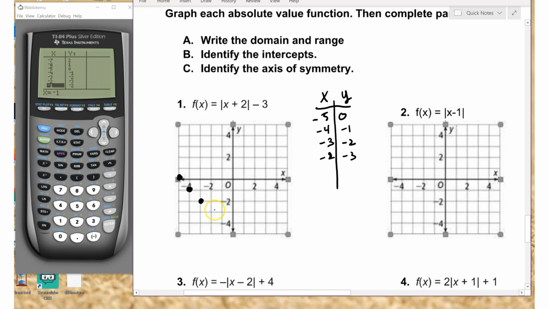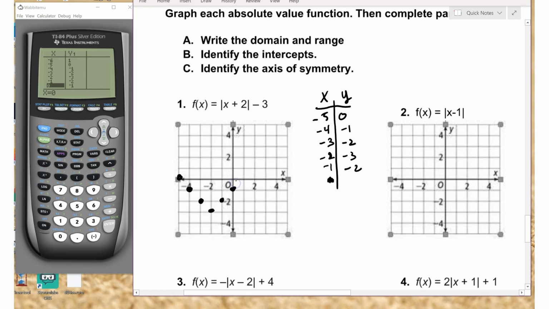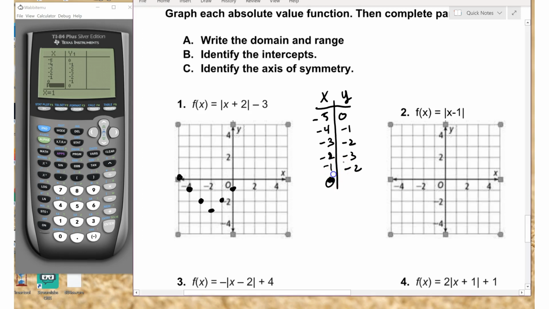Negative 2, negative 3. Then I have negative 1, which is negative 2. 0, in this case it's negative 1. 1 is 0.